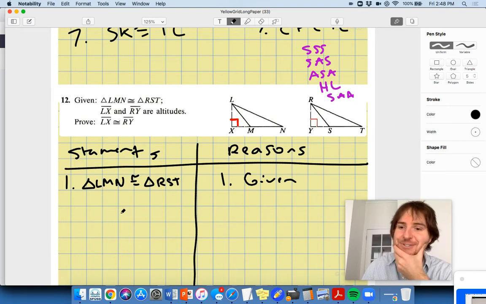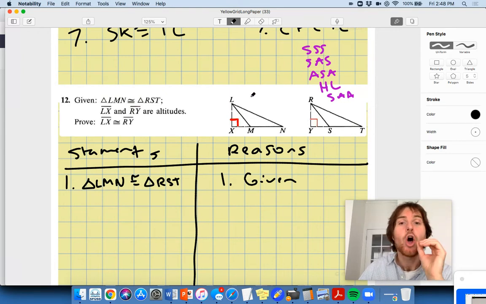Ooh, this is tricky. What do I do here? Well, we're given the triangles congruent right away, so we're probably going to use that. Ultimately, I think we either need to get this triangle congruent to this triangle, or we can potentially get these large triangles congruent to one another.